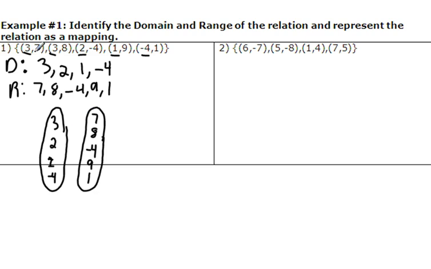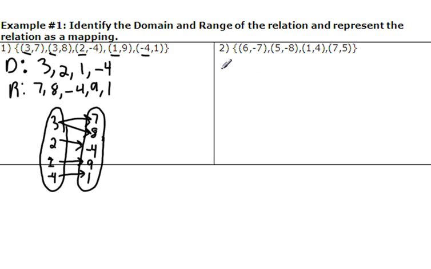So like the first ordered pair is 3, 7, so I would draw an arrow from the 3 to the 7. Our next one is 3, 8, so I draw an arrow from the 3 to the 8. 2, -4, 1, 9, and -4, 1.